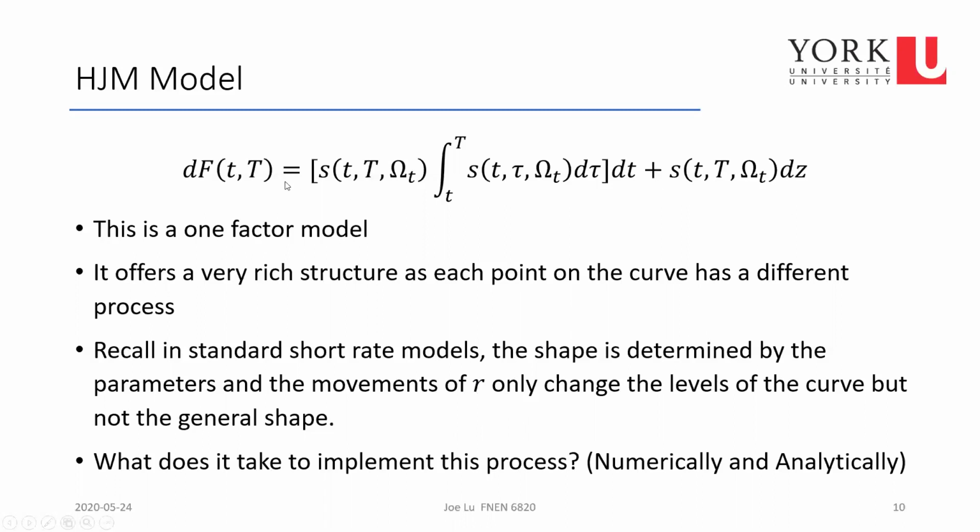And here, if you were to have an HJM process like this, where each point is a single factor, and even if all the factors along the curve are not correlated, if you look at what it entails, if you derive the implied instantaneous interest rate, you will get a multi-factor model that is correlated. Each risk factor is correlated. So depending on how you express it. So let me try again.